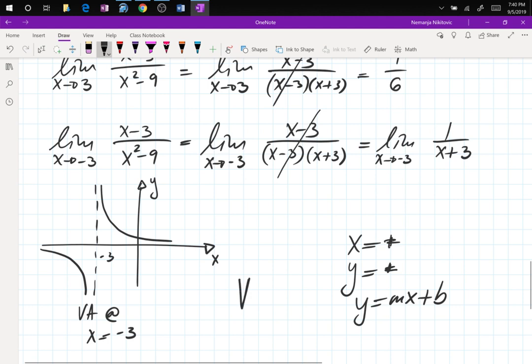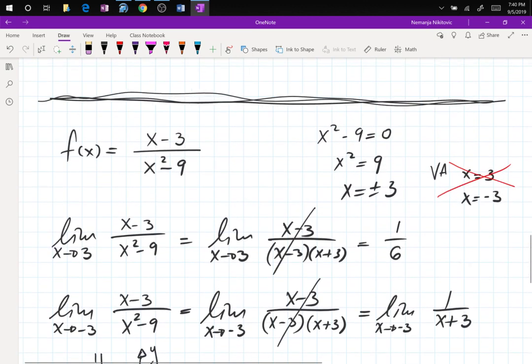You cannot say VA equals 6. What is VA equals 6? This has no meaning, so don't write that. Your vertical asymptotes are x equals a number, so let's say x equals 6. A horizontal asymptote, let's say y equals 3. A slant asymptote is y equals mx plus b, a formula of some kind. Slant asymptotes are those that are right on an angle.